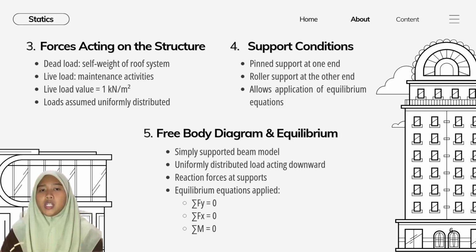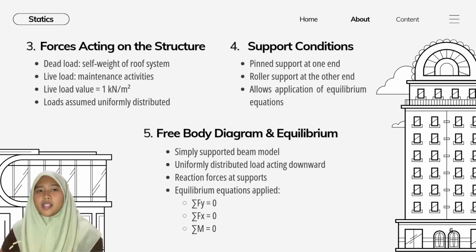The support conditions are idealized to simplify the static analysis. One end of the beam is modeled as a pin support, while the other end is modeled as a roller support.